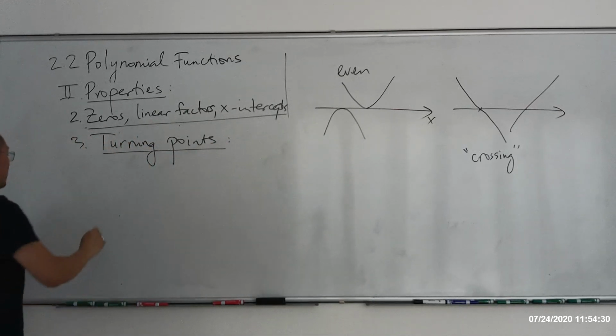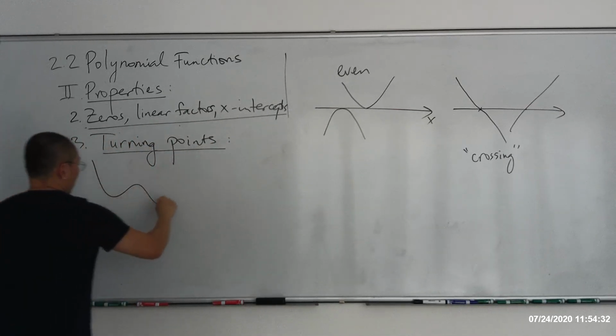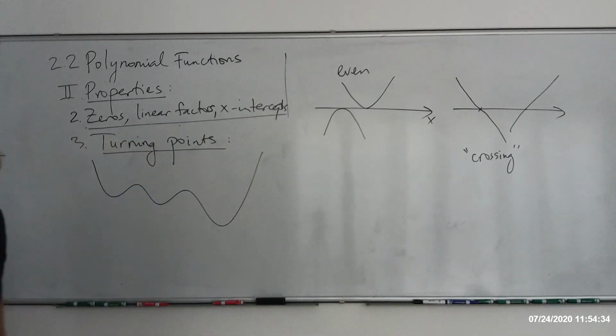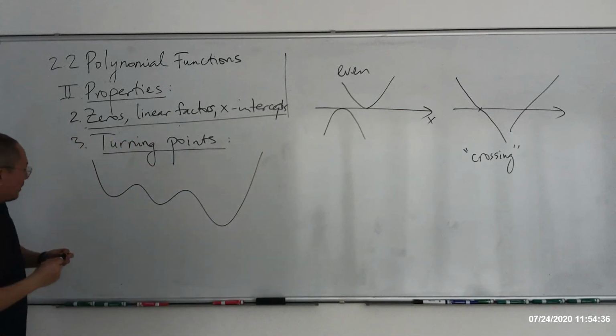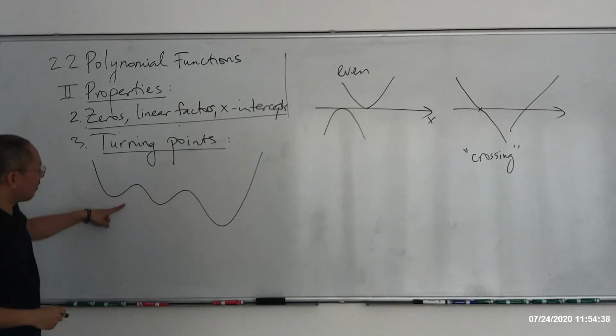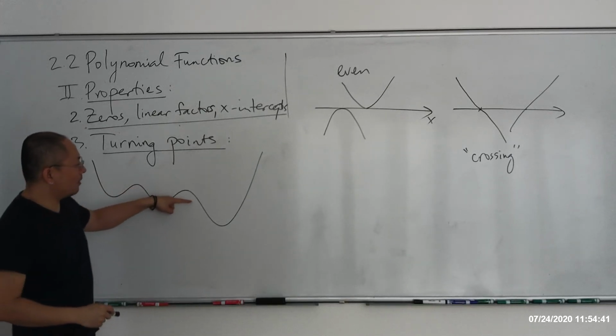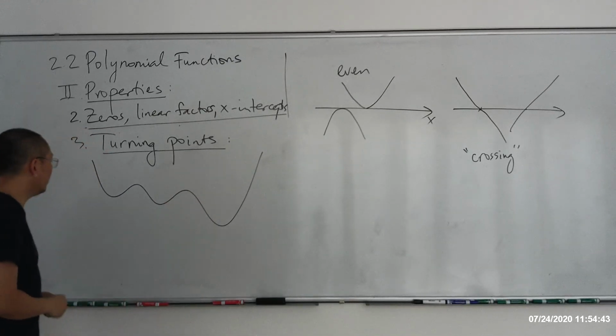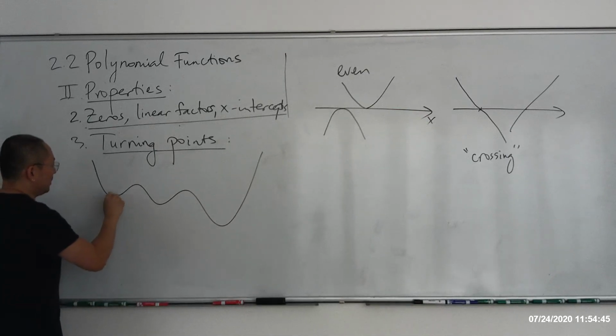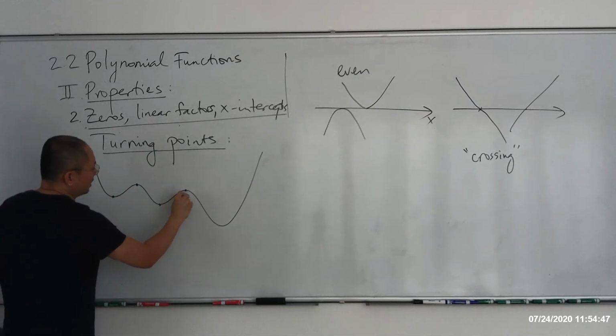Right. So let me just randomly draw a graph of a polynomial. You trace along the graph, you see what happened. The graph goes down and goes up, and then goes down and goes up, goes down and goes up, right? So the turning points are the points where the graph changes direction.